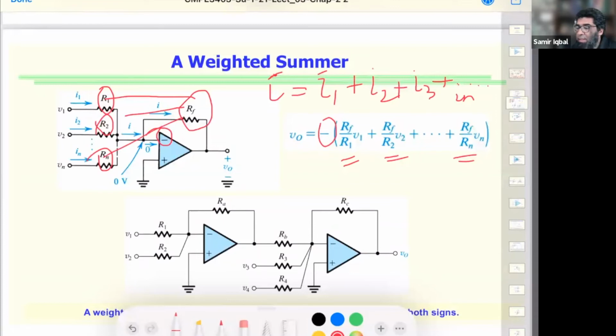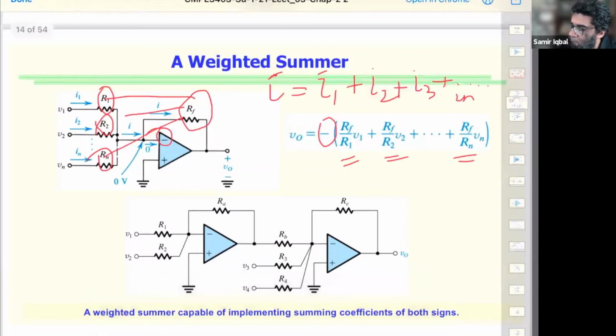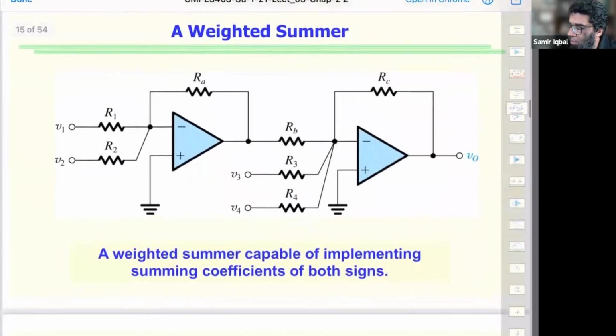So here the idea of the virtual ground helps us, and each one would have its own voltage divider with the feedback resistance.